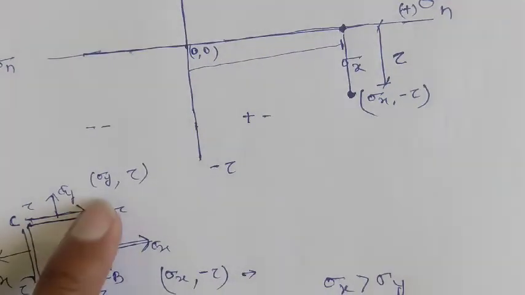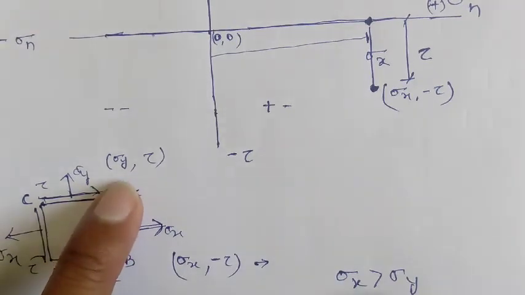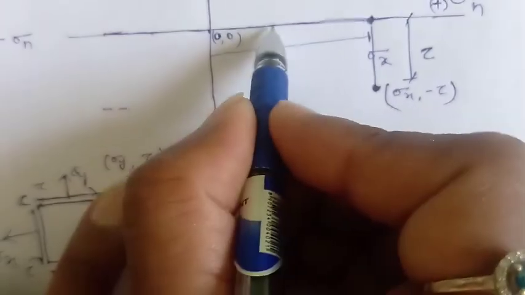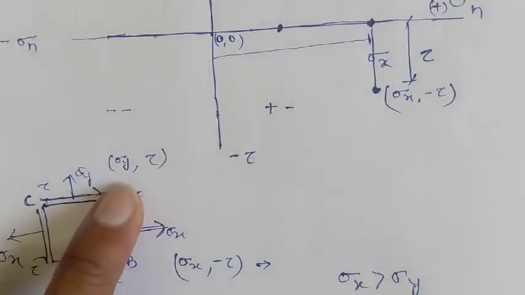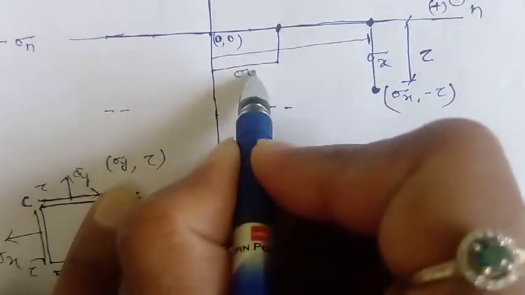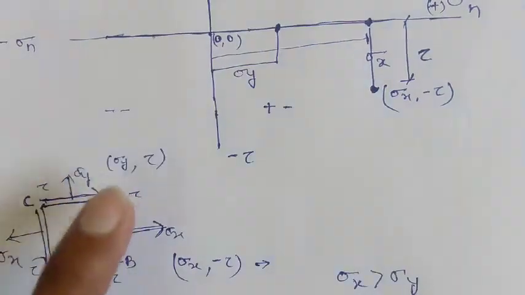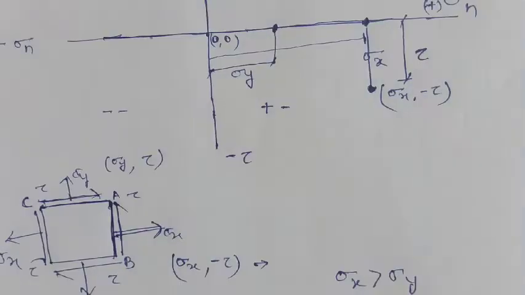Similarly, if you see the sigma y, which is positive, but sigma y is less than sigma x, so the point will be somewhere lesser than sigma x. So it would be here, and this will be the sigma y from the origin.